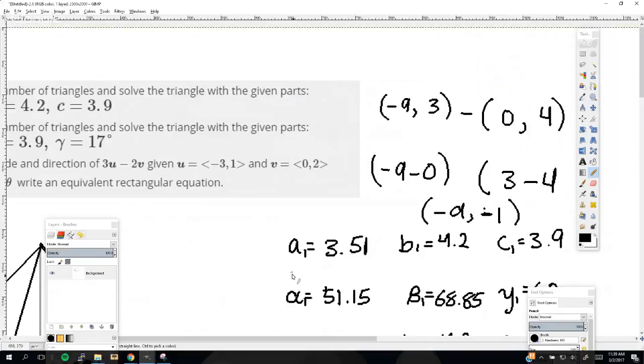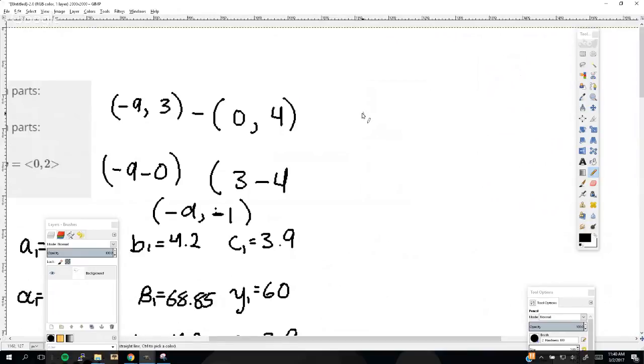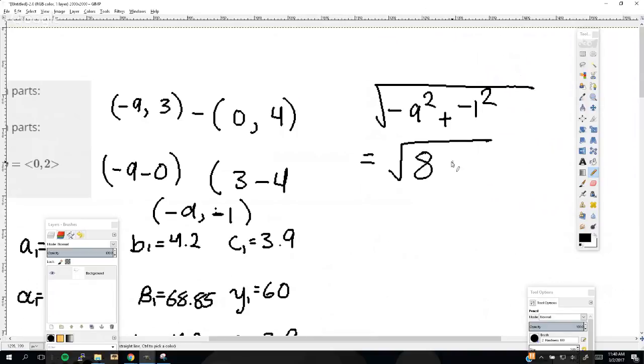Okay, cool. And then I put it into the square root of -9 squared. Yep, that's what I got.